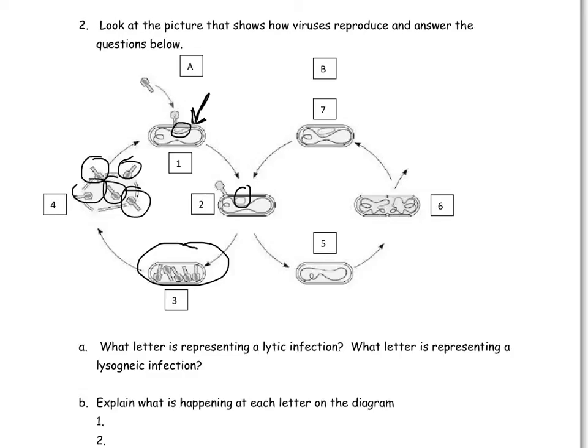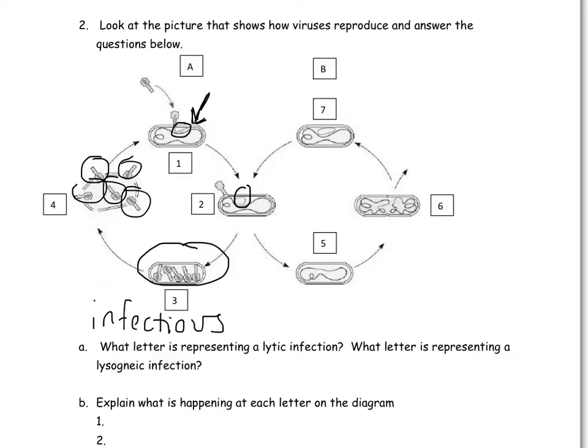And what do they do next? They attach to another host cell, and the cycle keeps on occurring. This is called the lytic cycle because it's infectious. And so what that means is it's causing the host cell to be infected, and in this case, the host cell will end up dying.